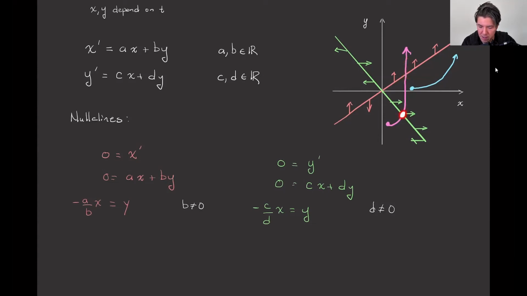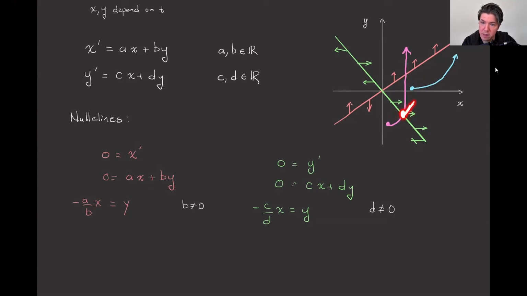At this spot, maybe it looks like the slope is roughly like this. That would not be possible, because when you cross this green nullcline, you should only be going to the right or to the left. But that is definitely not what happens here. We pass through it in a vertical sense.